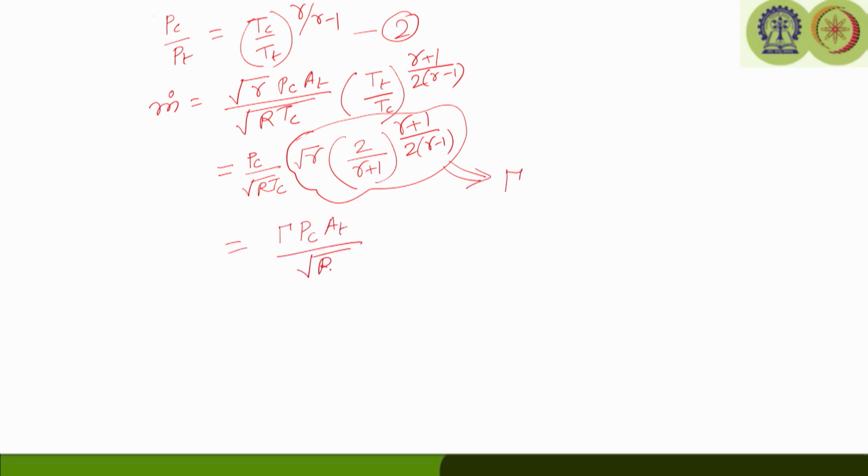Now, if we look carefully at this R T c by capital gamma, what about the unit of this one? One can actually look at the unit of this one, and we can see the R is the gas constant for the particular gas.